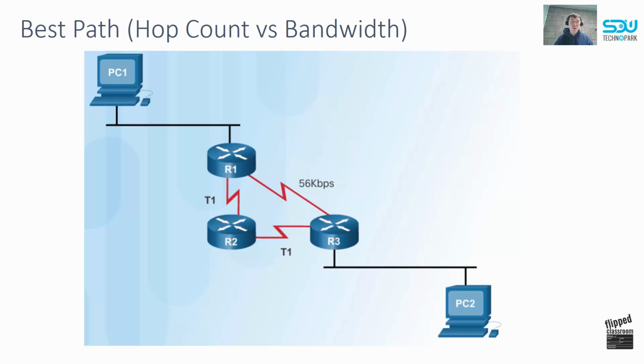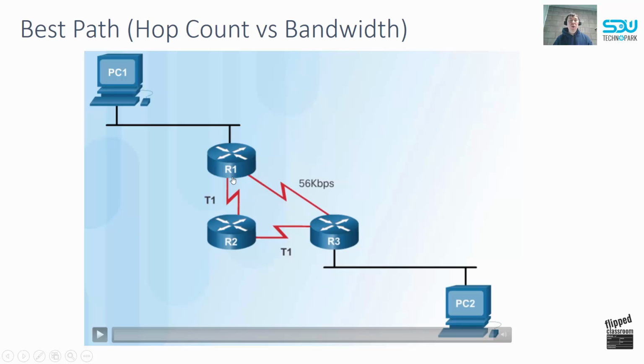So let's take a look at this example in which we have 56 kilobits per second between router 1 and router 3, and between router 1 and router 2, and router 2 and router 3, we have 1.5 megabits per second. So the speed of the T1 is much higher than the speed of 56 kilobits per second.